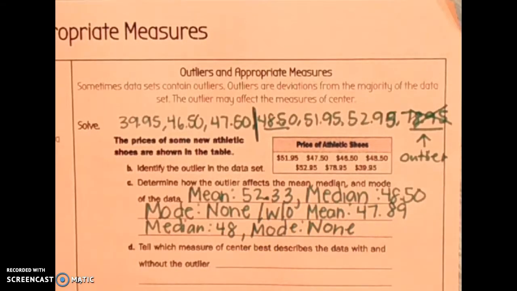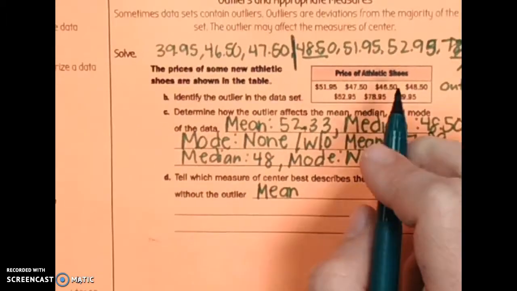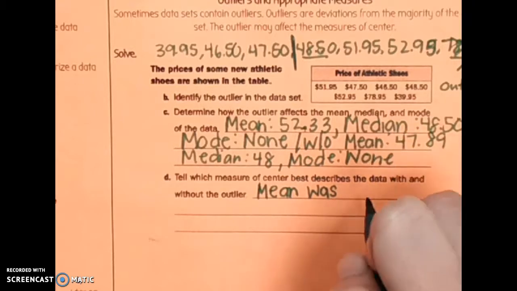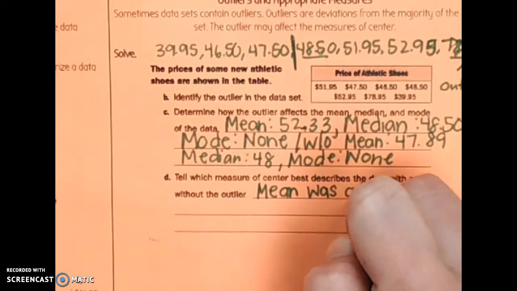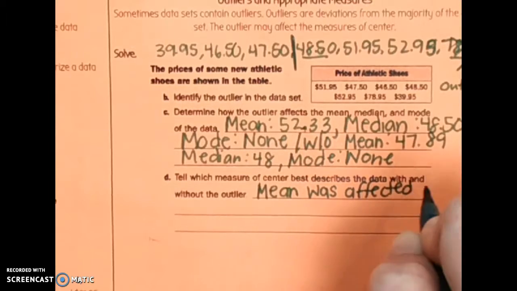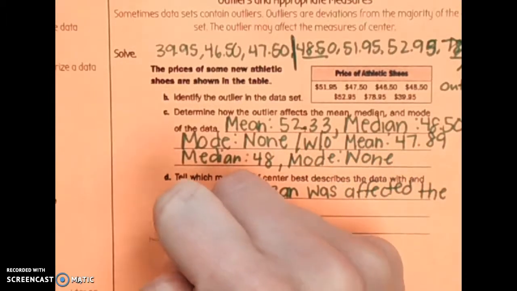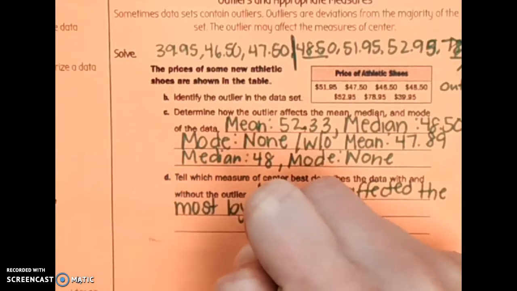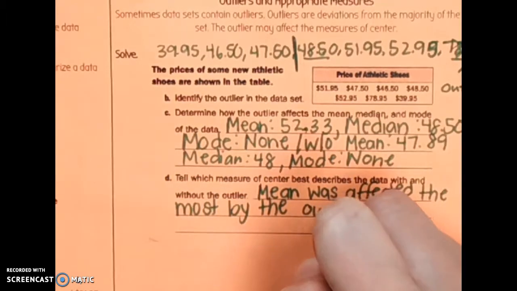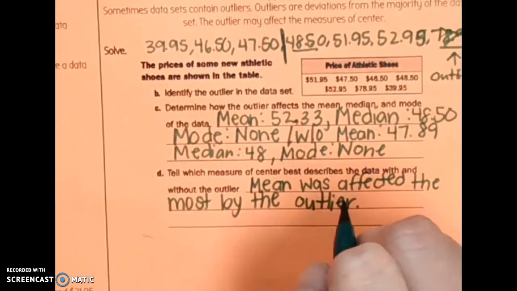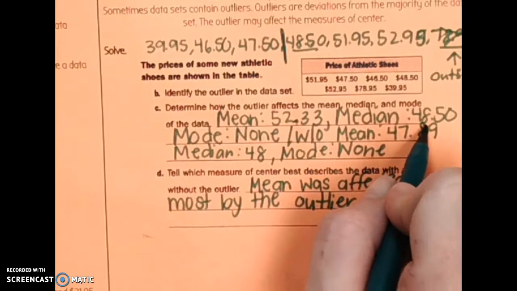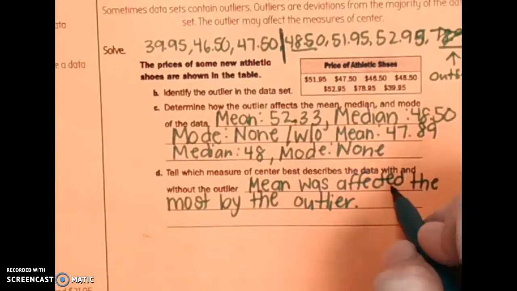Now we're going to tell which measure of center best describes the data with and without the outlier. So if we look at the mean, I think the mean was affected the most by the outlier. And then if we look at the median, this was 48.50, this was 48, so that didn't change very much.